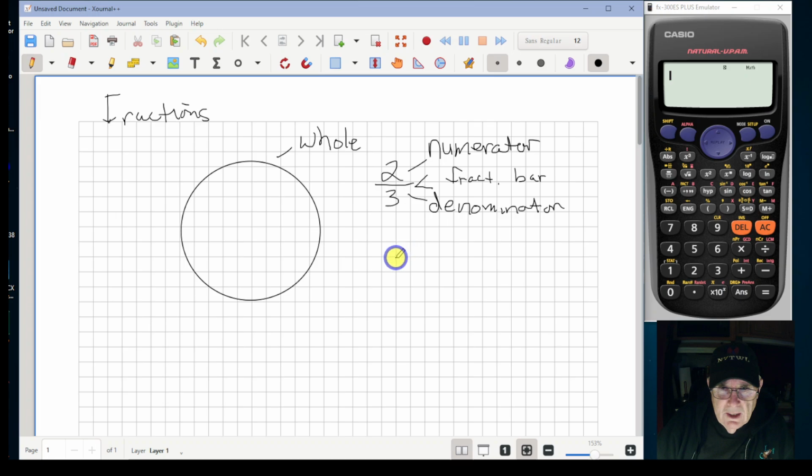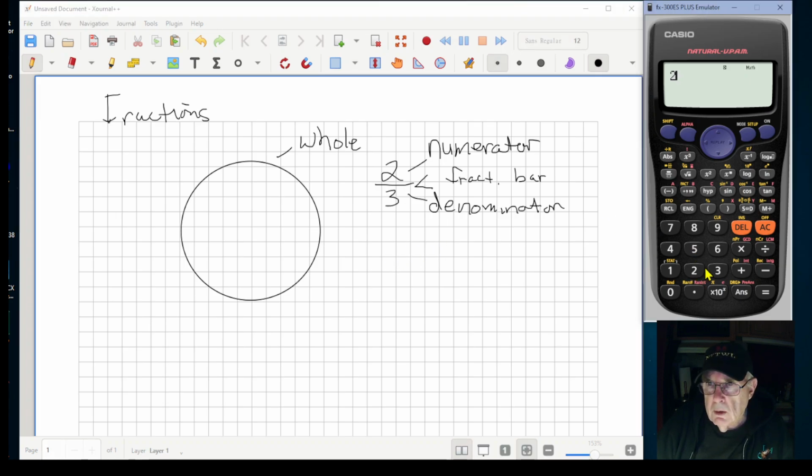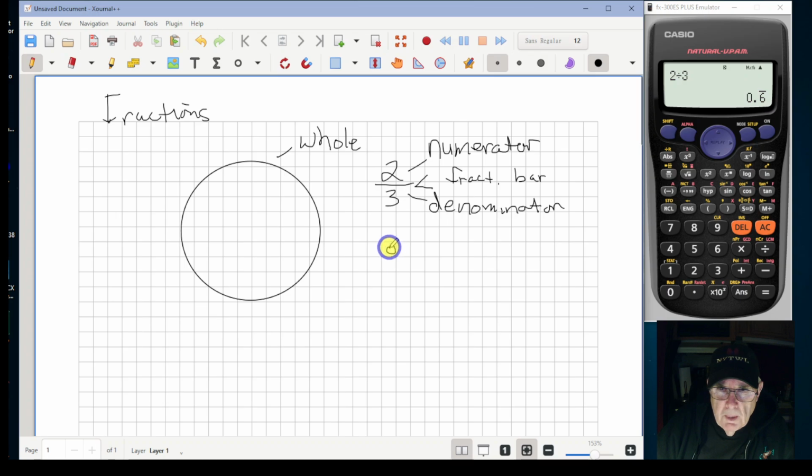If we do 2 divided by 3 on our calculator, we get 0.6 with a line over the top. Calculators that spit out some number of digits will probably give you something like 0.666, and the 6's go on for a while, and the calculator will round up the last number to a 7. But in reality, these 6's as a decimal part go on forever. It's a repeating non-terminating decimal.